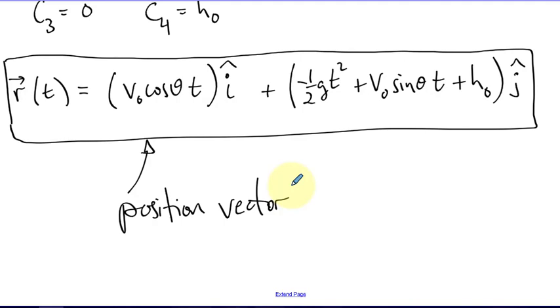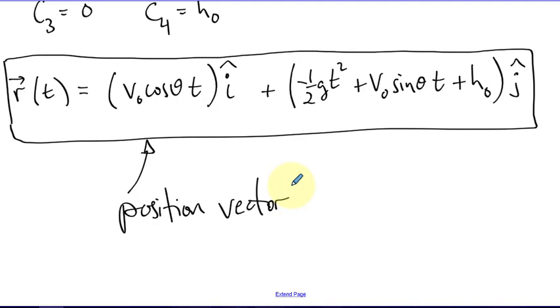a function that can describe the position in two-dimensional space of a projectile that's acted upon only by its weight, and that doesn't include air resistance, which can be negligible if you are talking about maybe a bowling ball or a cannonball that's being shot at a relatively not too huge speed and not too huge an altitude or distance.